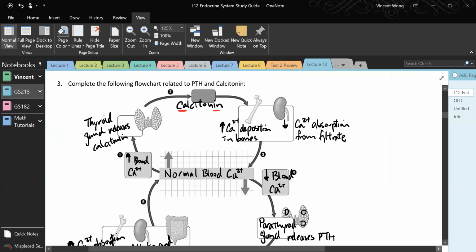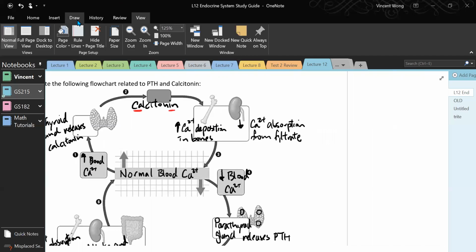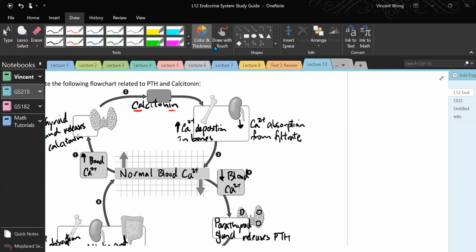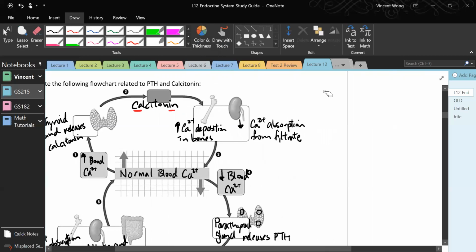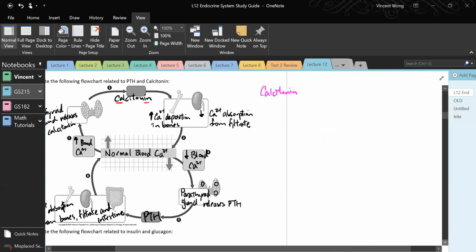Let me write that down on this side. So calcitonin, right? Let's compare with the chart.